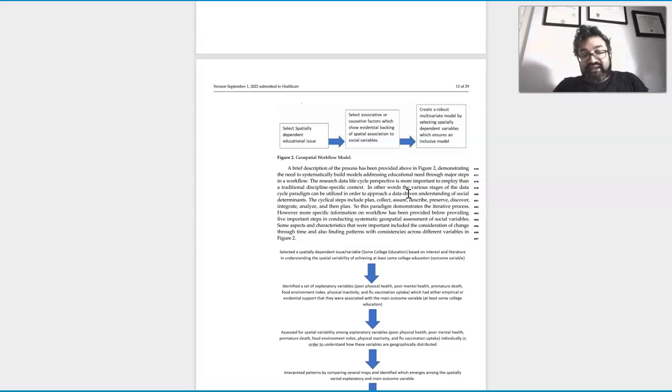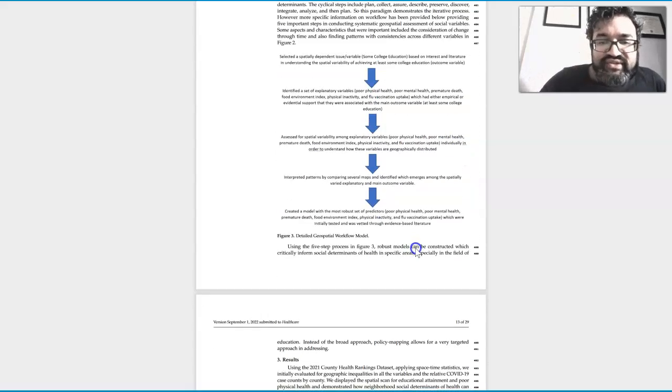That's how you can think about it. You select spatially dependent educational issues, select associative or causative factors which show evidential backing of spatial association to social variables, and then create a multivariate model by selecting spatially dependent variables, which ensures an inclusive model.